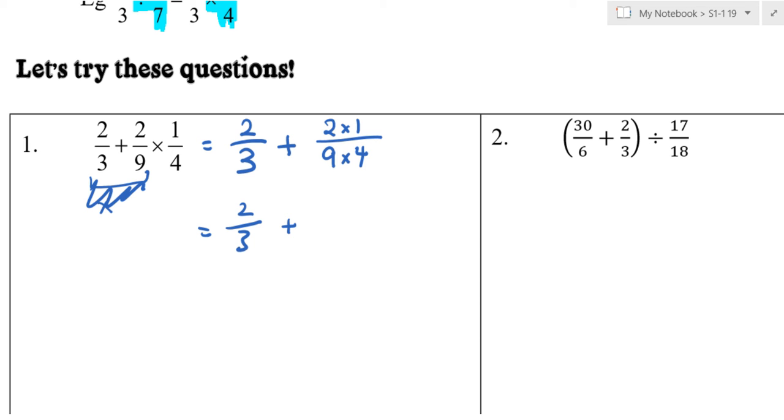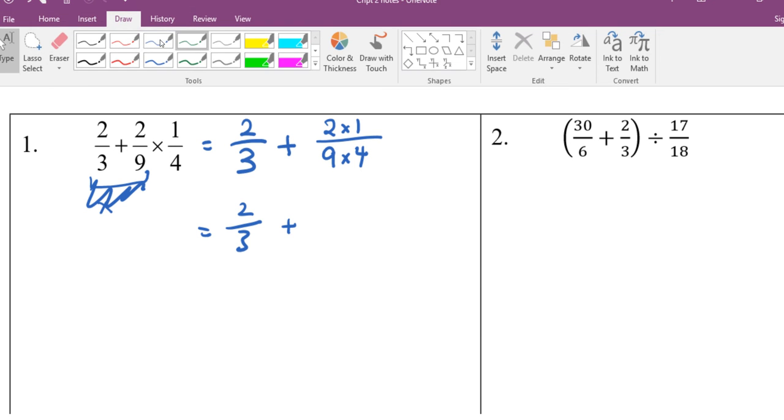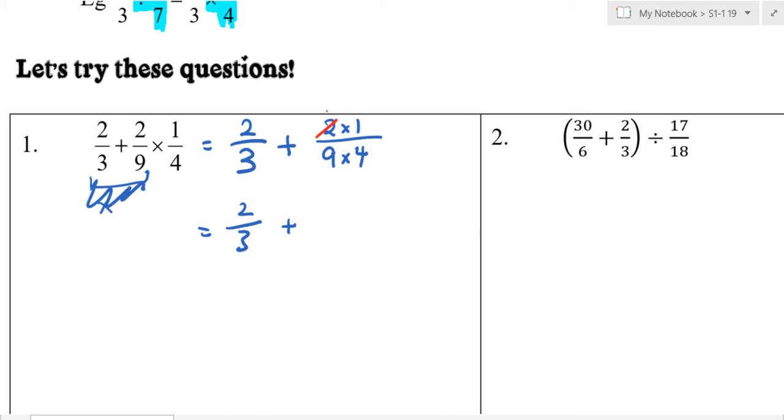Divide by one number. What number is that? 2. What happened when I take 2 divided by 2? 1. What happened when I take 4 divided by 2? 2. Therefore, I will have 1 over 18.